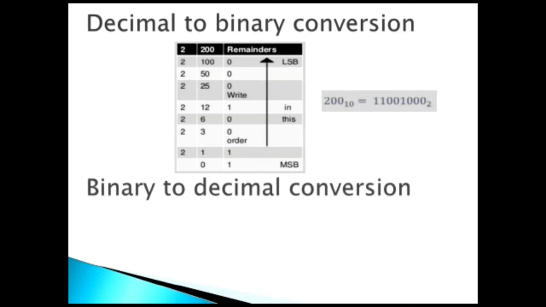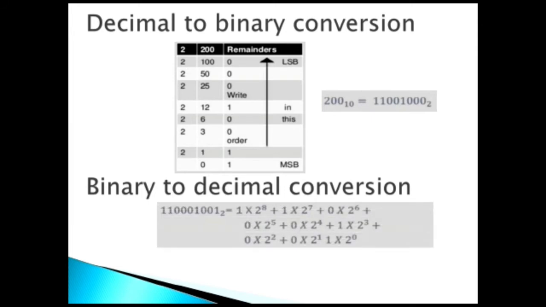Now let us see the binary to decimal conversion. Suppose we are to convert 11001001 into decimal. We will start from the LSB and multiply the LSB by 2 raised to power 0.